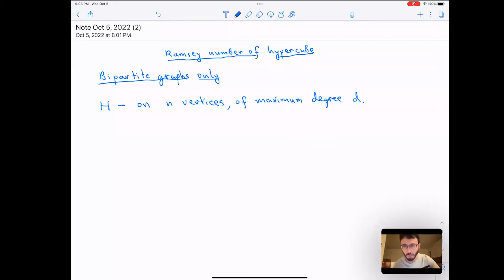For me, the Ramsey number really is a way to characterize embeddability properties of the graph, how easy it is to embed the graph.